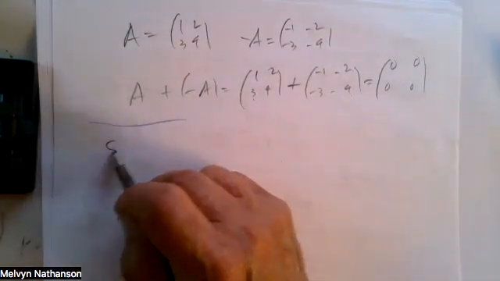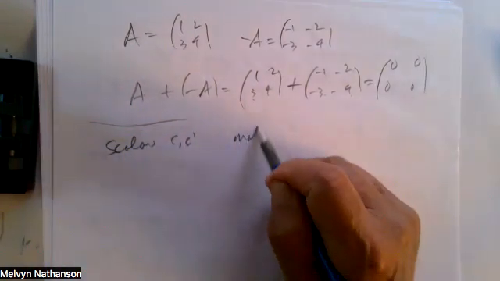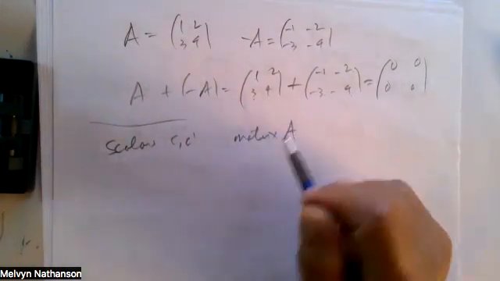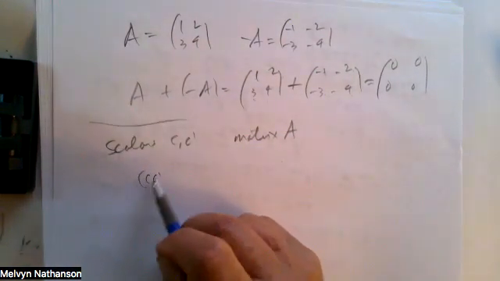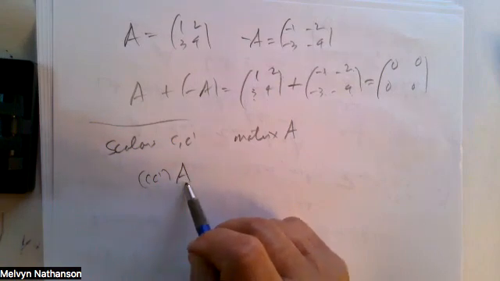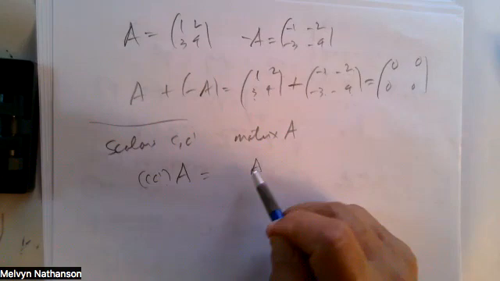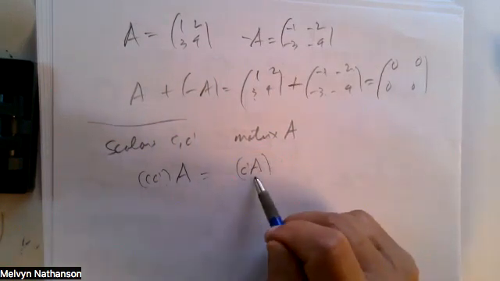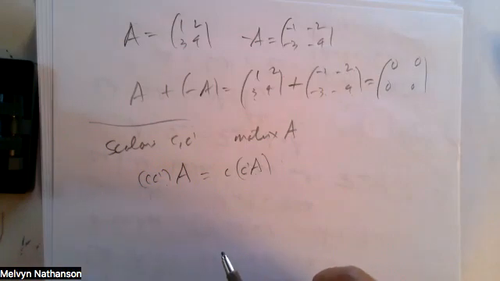If you have scalars C and C prime, and a matrix A, if you multiply your numbers C and C prime, and then multiply the matrix A by that, it's exactly the same as taking the matrix A, multiplying it by C prime, and taking this matrix and multiplying it by C.